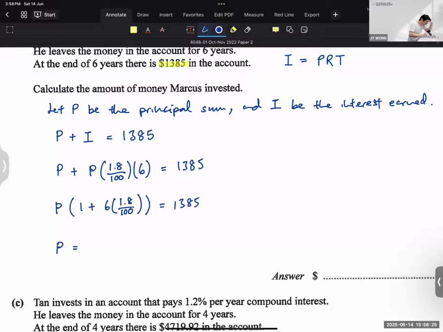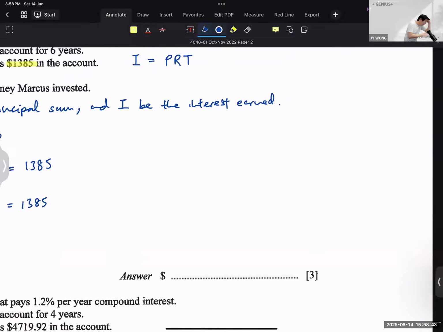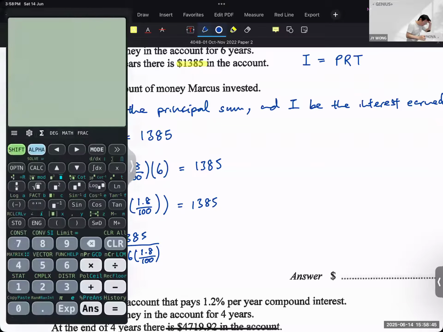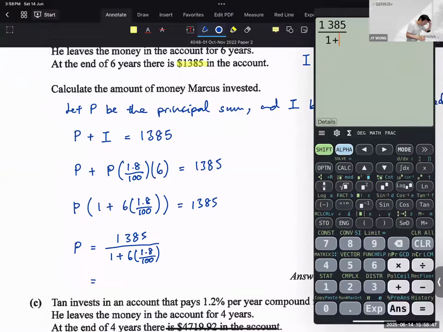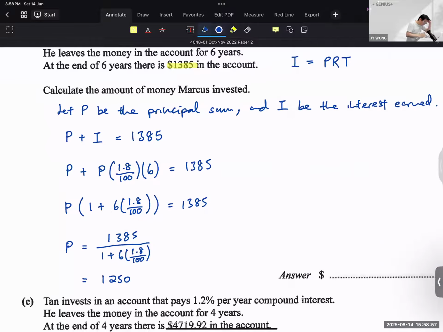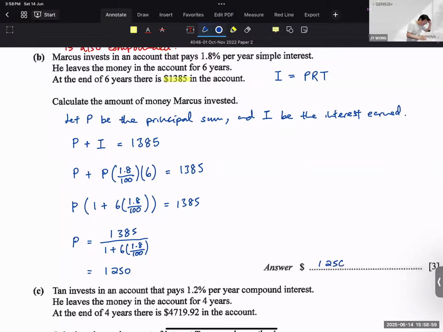And therefore your principal sum is equal to 1385 divided by 1 plus 6 times 1.8 over 100, which will give you 1250. It's an exact value, so write it as an exact value.